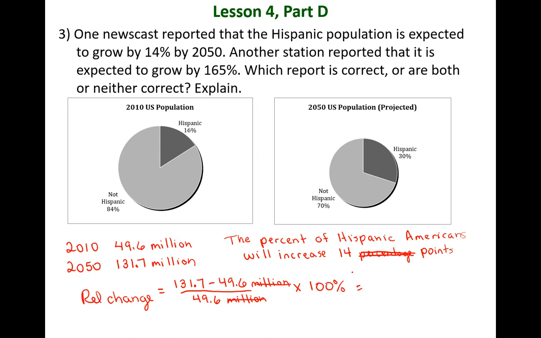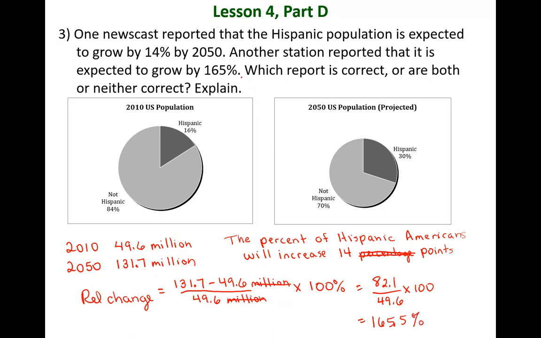If I do 131.7 minus 49.6, I get 82.1. So I have 82.1 over 49.6 times 100. And my calculator gives me 165.5%.